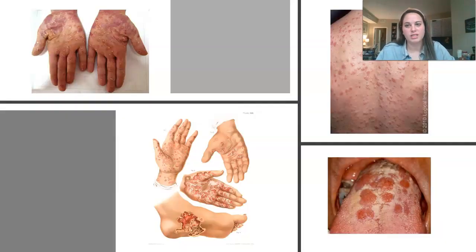So here are some examples of sores on the palms of the hand, as well as the mucus patches or condylomata all over the body and on the tongue. And these can be different in everyone, where it manifests, but most of the time a very diagnostic key is the sores on the palms of the hands and the soles of the feet, because that's very rare to see in other infections.